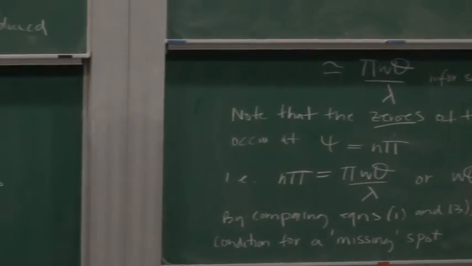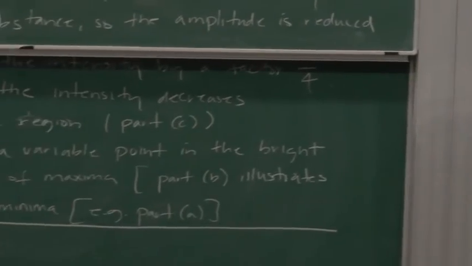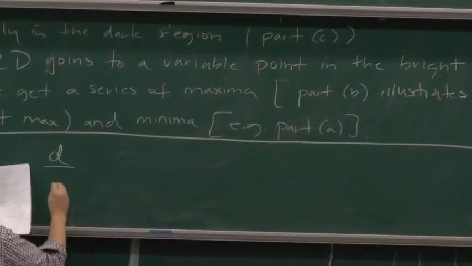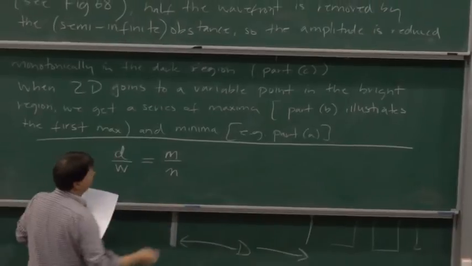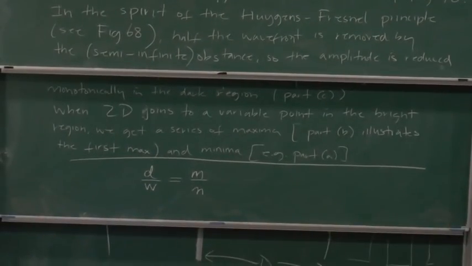So last bit is very simple, that you've got d over w is m over n. In the end, putting all the info together is incredibly easy. Remember, this is the width of the slit, and this is the nth zero in the single slit diffraction pattern.